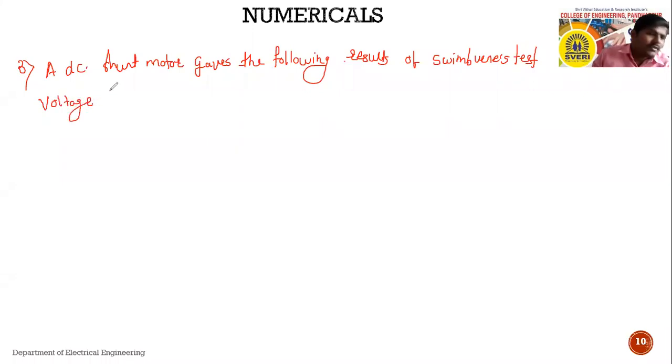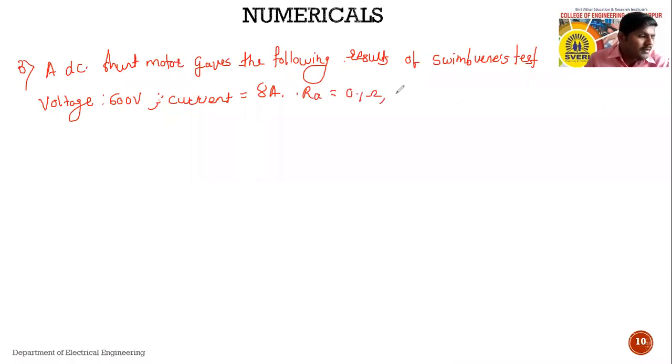Voltage 600 volt, current 8 ampere, armature resistance RA 0.1 ohm, field resistance, that is RSH, it is equal to 300 ohm.